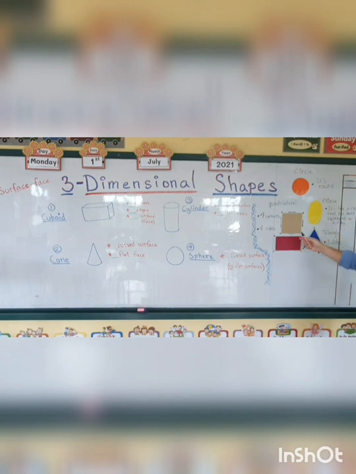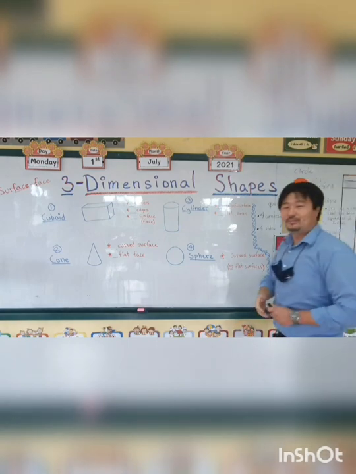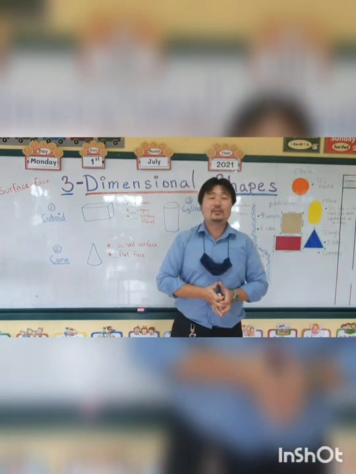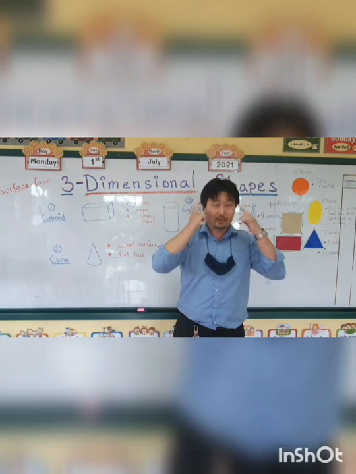Good. What about the rectangles? The rectangle, does it have 4 sides? Yes, let's check. 1, 2, 3, and 4. Yes, the rectangle, it also has 4 sides. So, that is also a quadrilateral. Okay? Good job. So that was all about yesterday's lesson, and you remember it.